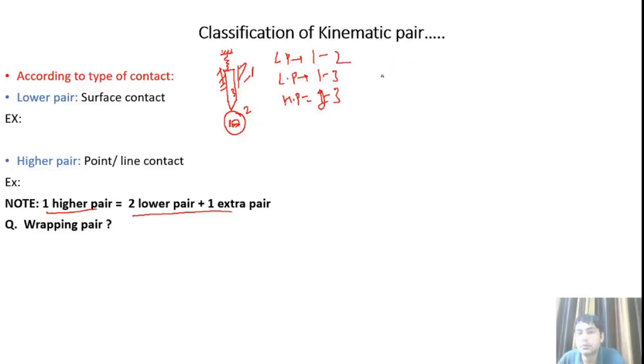Now if I replace this mechanism of higher pair with lower pairs, for the same output at a given input, then what will happen? Suppose this is fixed, in this way. This is our slider.